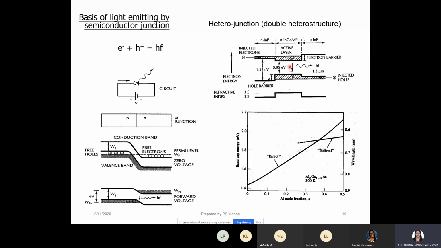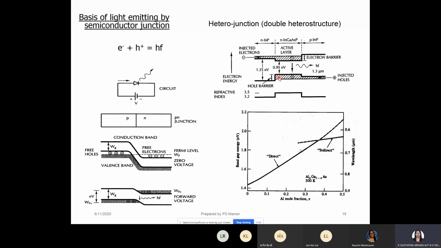So when light is emitted, it stays inside this region because it cannot go out, due to the lower refractive index in the outer layer. We use a mirror to keep reflecting it back and forth, and when it reaches a certain threshold, it gets emitted out.